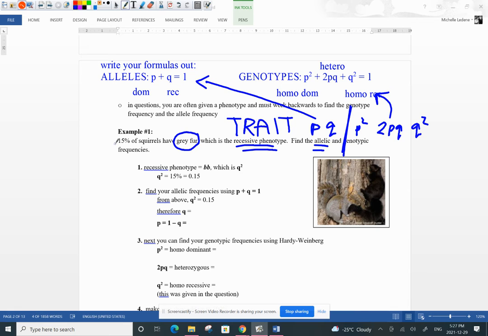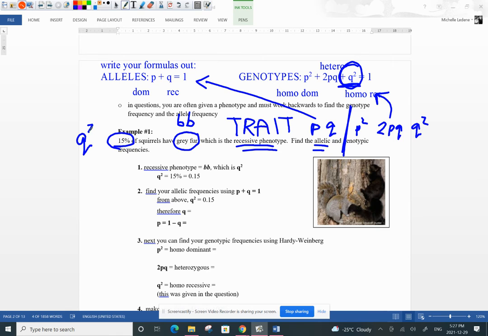So we have the two different formulas. We've got our allele formulas, and we have our genotype formulas to use. So now, this 15% of squirrels that have gray fur, we talked about that a gray fur squirrel has the two recessive alleles. They are little b, little b. This is a trait, this is a phenotype. So understanding that only for the recessive individuals, the phenotype, the trait, is also the genotype. So we have been given Q squared.